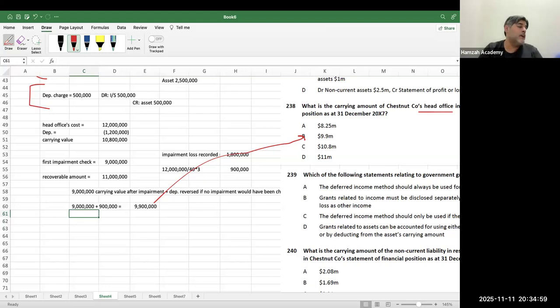So you assume that there is no impairment, you charge the depreciation, and you calculate the amount of the depreciation, and up to that amount the impairment is going to be reversed. So this is the approach you are going to have for this. Done? Okay.